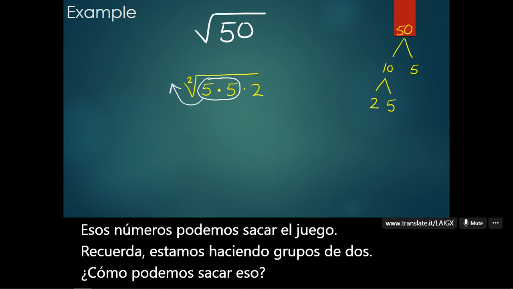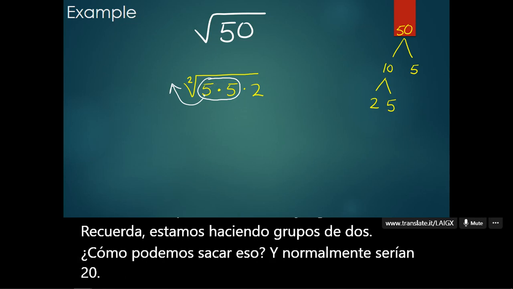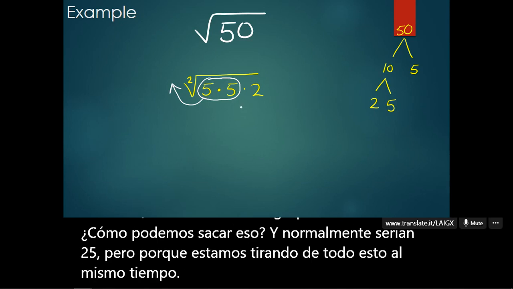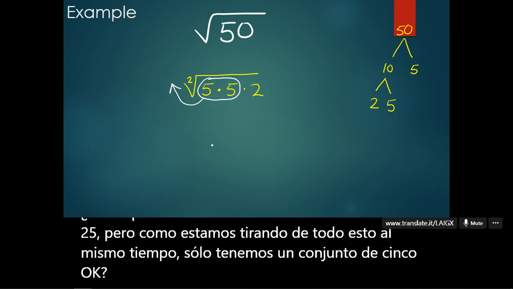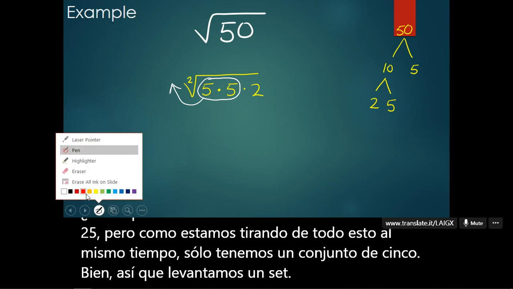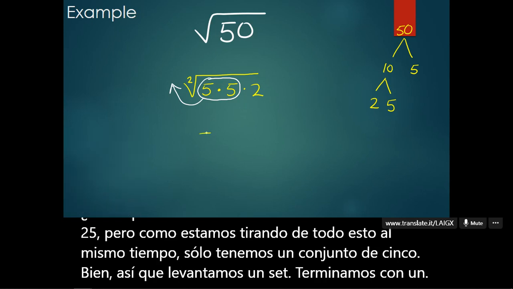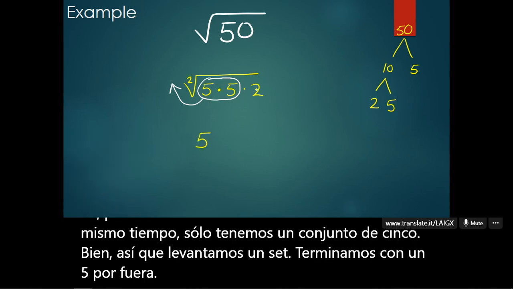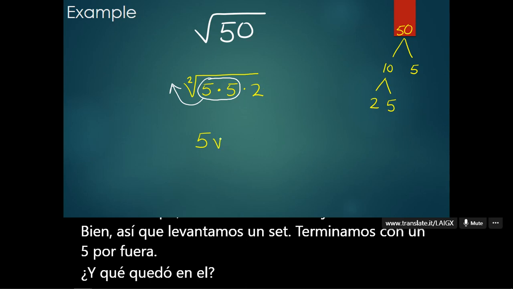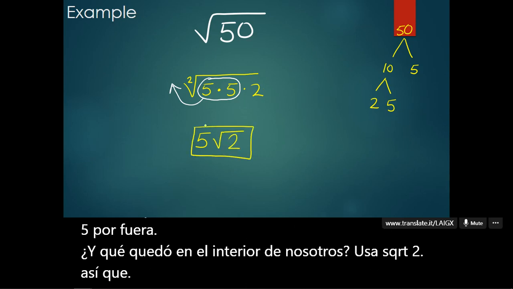And normally this would be 25, but because we're pulling all these at the same time, we only have one set of 5, okay? So if we pull up one set, we end up with a 5 on the outside. And what was left on the inside was just the square root of 2. So this would be my final answer.